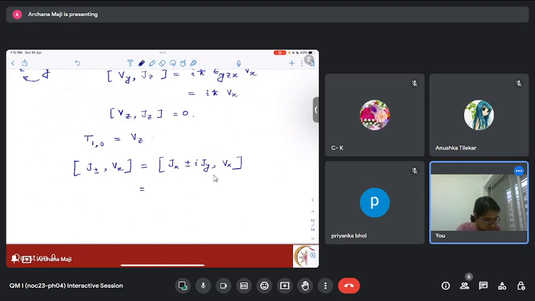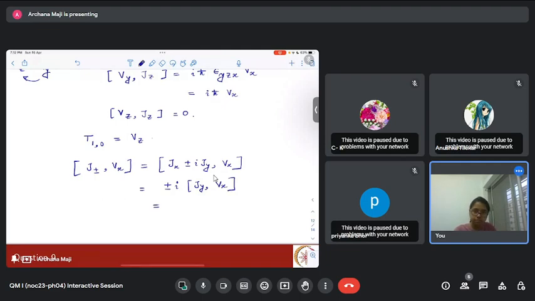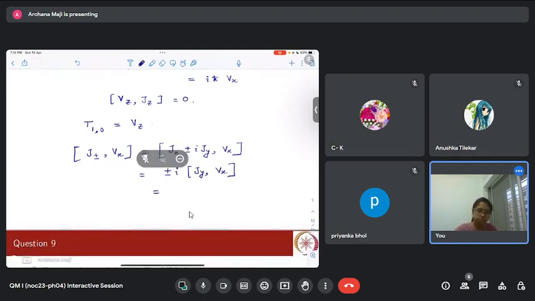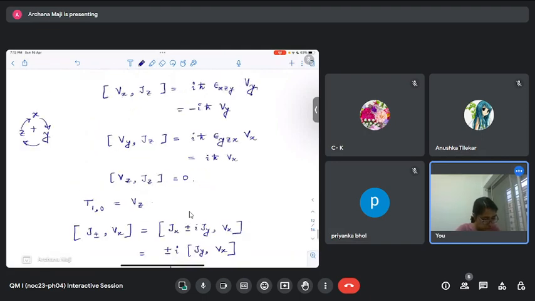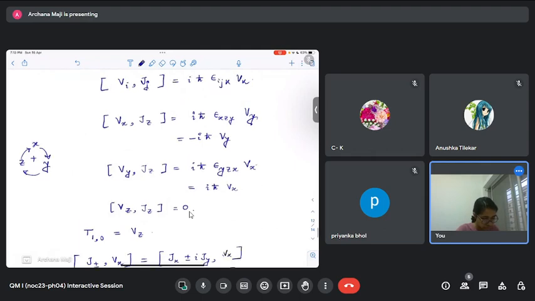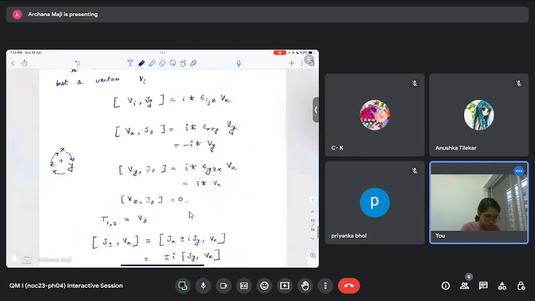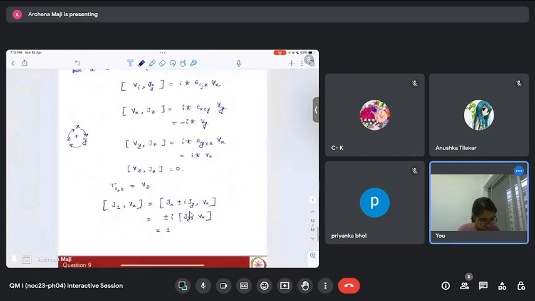This is plus minus i Jy with Vx, and Jy with Vx is minus i h cross epsilon x y z Vz.